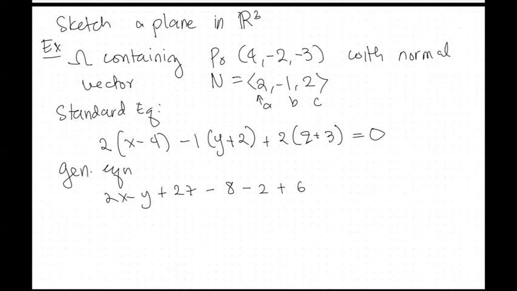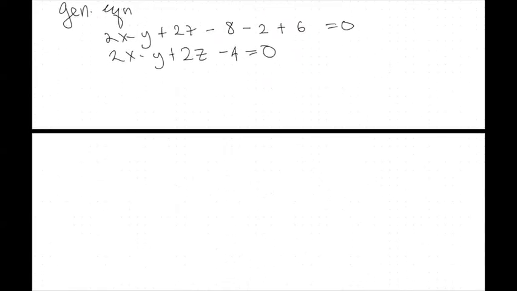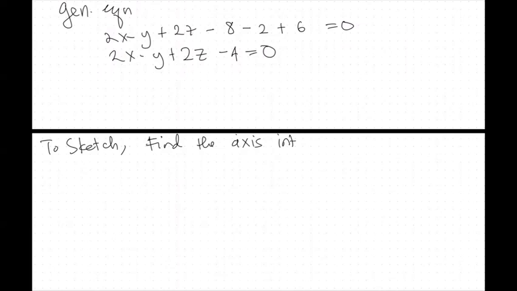So you have 2x minus y plus 2z minus 4 equal to 0. So how do you sketch? To sketch, find the intercepts, the axis intercepts.